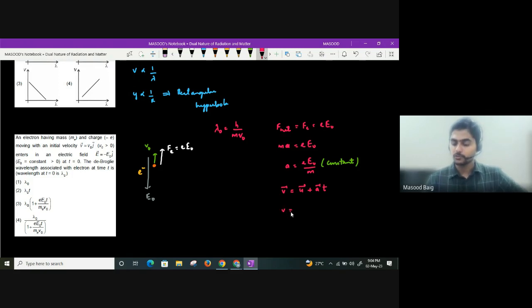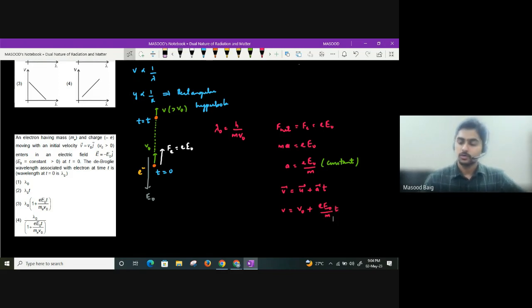So let us assume velocity. Whenever velocity and acceleration are in the same direction, how will the object move? In the direction of velocity with increasing speed. So here v will be more than v naught. Let us imagine this is the situation at t is equal to 0, and this will be the situation after t seconds. So I can write v as v naught plus e E naught divided by m into t.